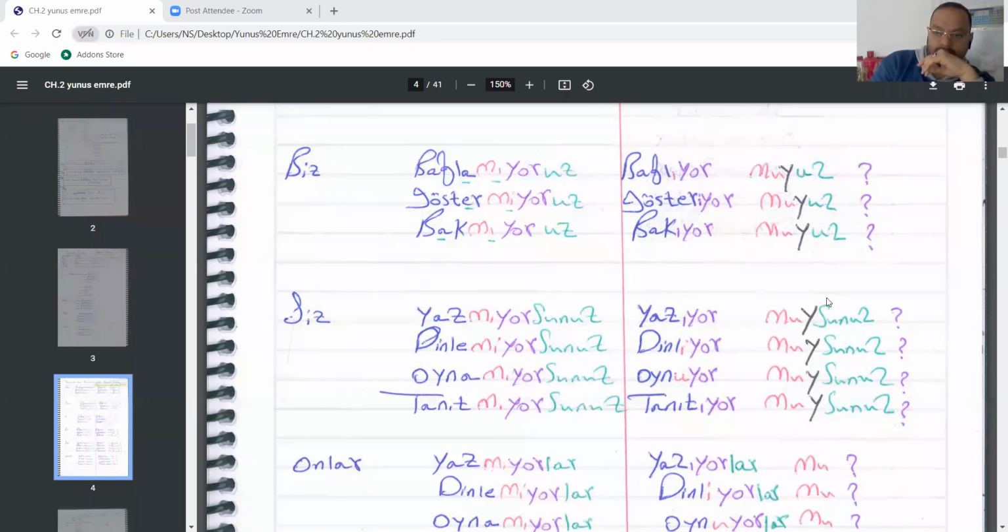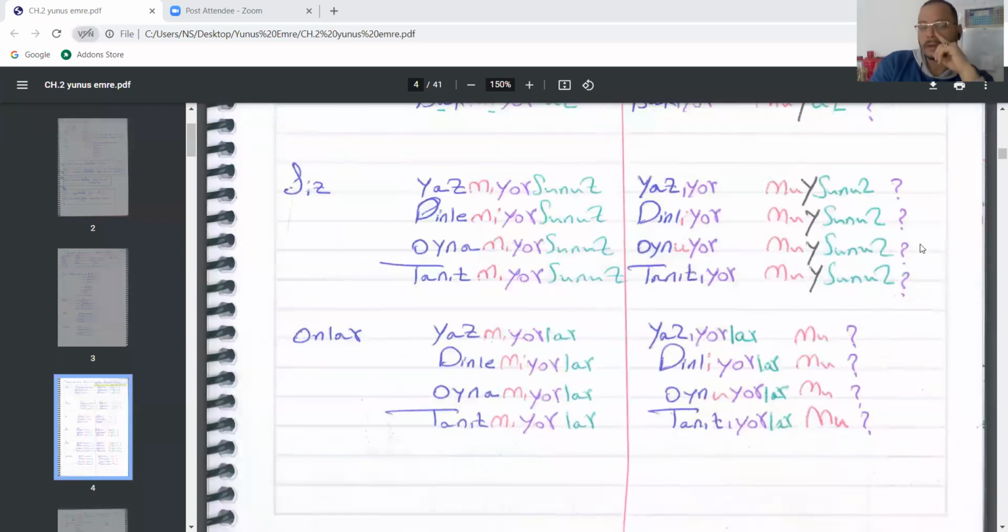Here I have another simple mistake. Yazıyorlar mı? Dinliyorlar mı? Oynuyorlar mı? Tanıtıyorlar mı? Here I will put just a. Why? Because it depends on ler.